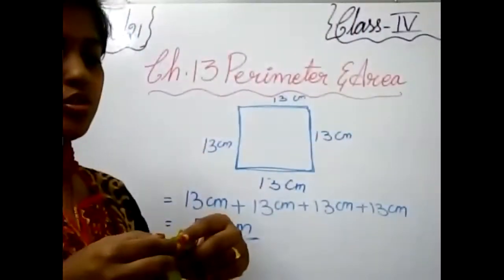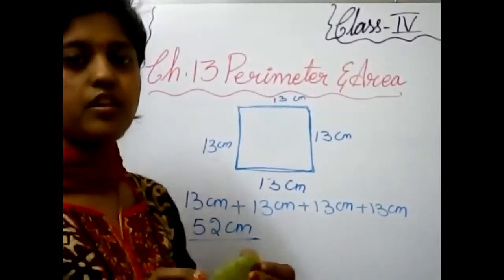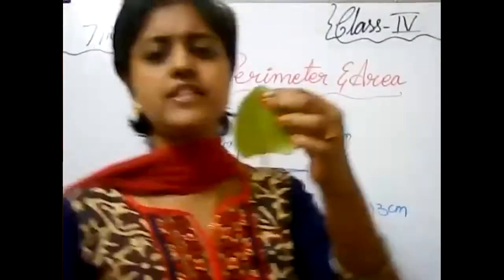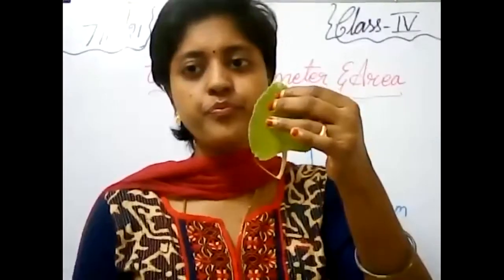See, here I am going to show you the leaf. Here you can see the leaf. So, how can you measure this irregular shape? By ruler? Is it possible to measure by ruler? No, ma'am, it is not possible.